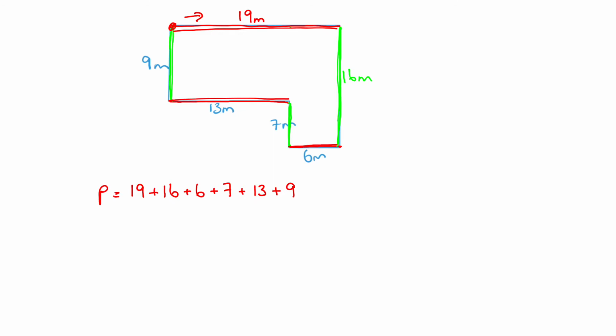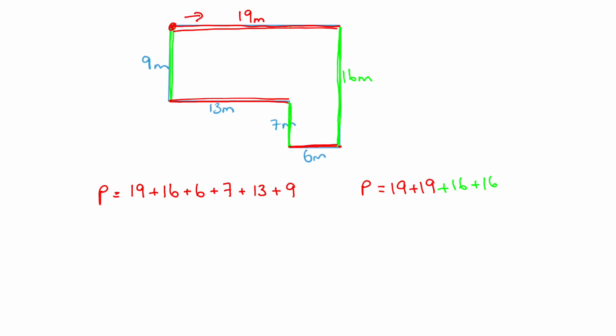Okay, so what we've got is 19 and 19 for the lines that go across the way, and then for the lines that go down the way, we've got this one and this one add up to this one. So basically, we've got 16 there and another 16 in total there. So we've got 2 16s.